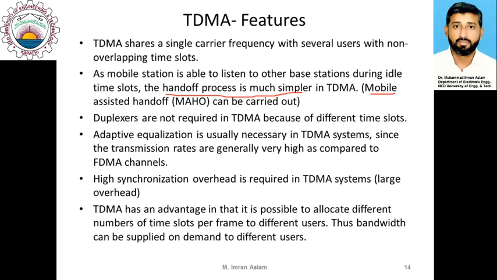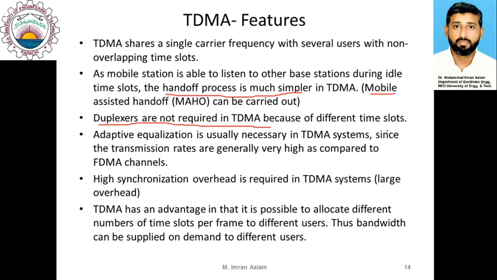Since the transmission is done at different time slots, at one time slot we have only one type of transmission in the system, so we generally do not need duplexers in TDMA systems, which saves some cost for the mobile equipment as well.